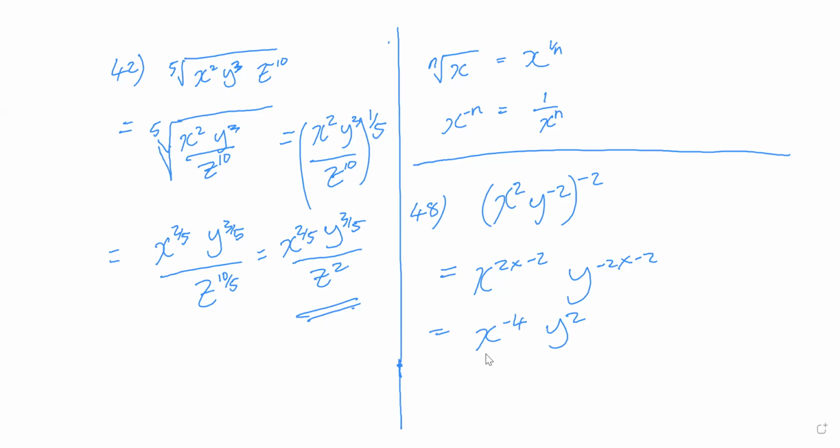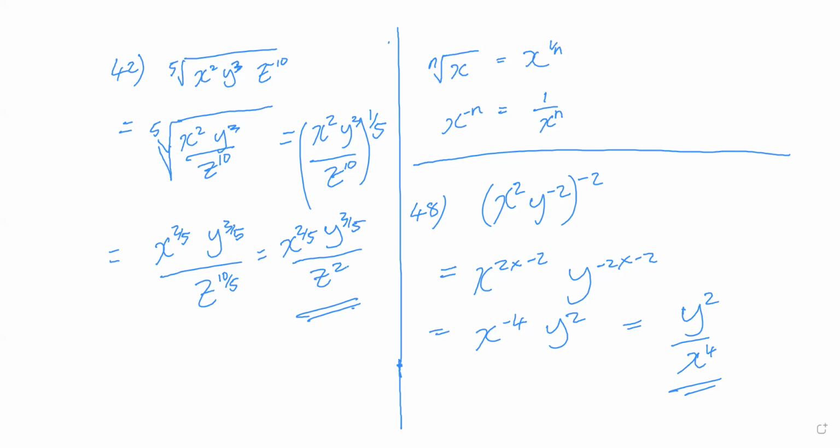The only negative exponent we have is x to the minus 4, which we can write as y squared over x to the 4. And that's our expression without any negative exponents.